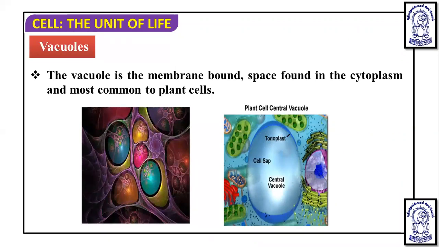The plant cell has a central large vacuole, and this central large vacuole occupies 90% of the volume of the cell. And the membrane of this vacuole is known as tonoplast, which is a single membrane around the vacuole.